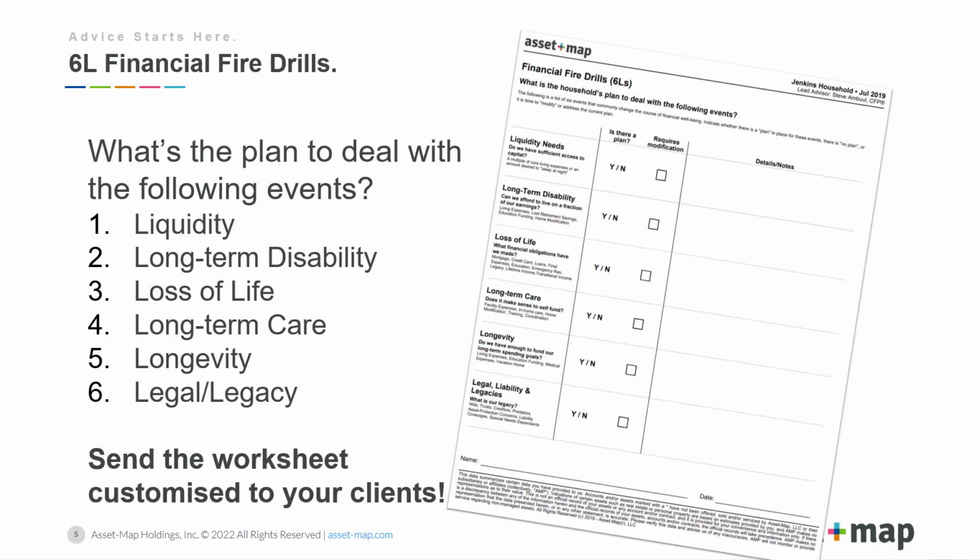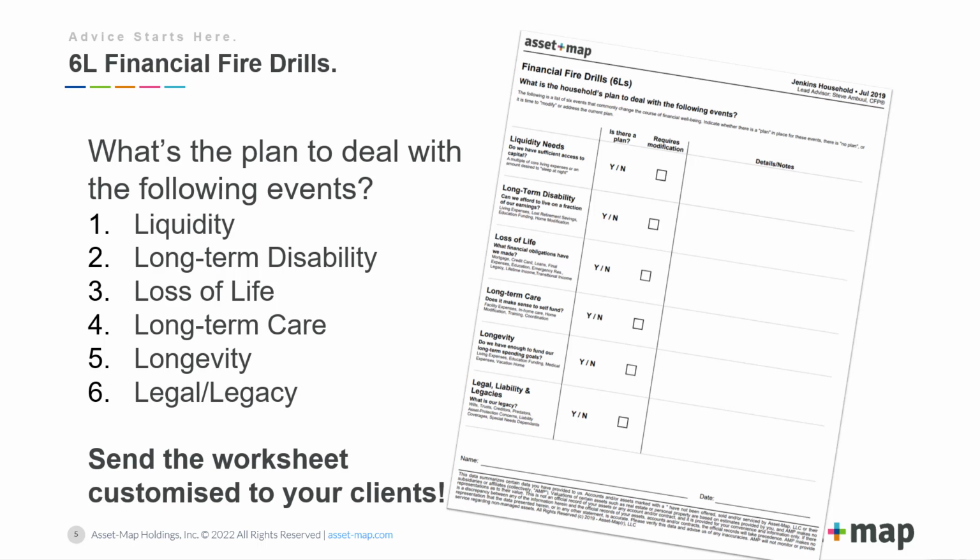And you can use this report by either sending it to a client prior to the engagement, asking them to work through it as a family before your session, or you can work through it with the client. You can see on this form, it asks questions like, is there a plan, yes or no? Do you think it needs to be modified? And the client can just jot down a couple of sentences. What's the plan in their mind? Giving them the ability to reflect.